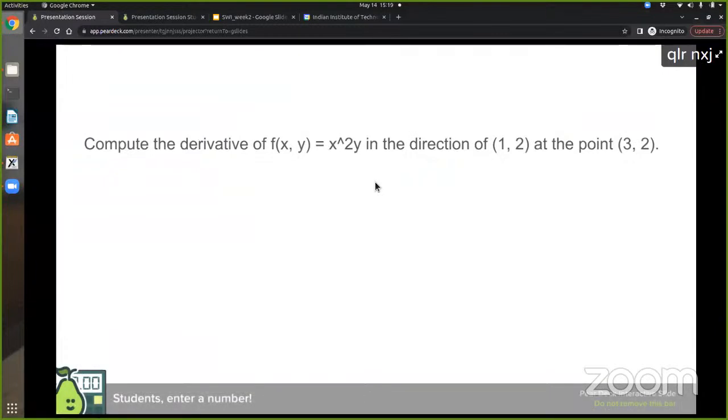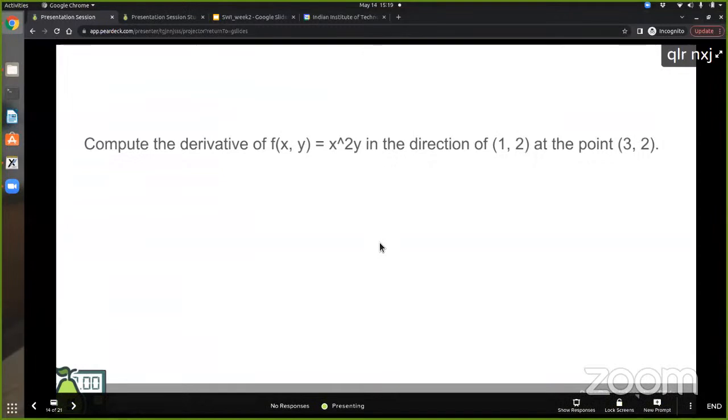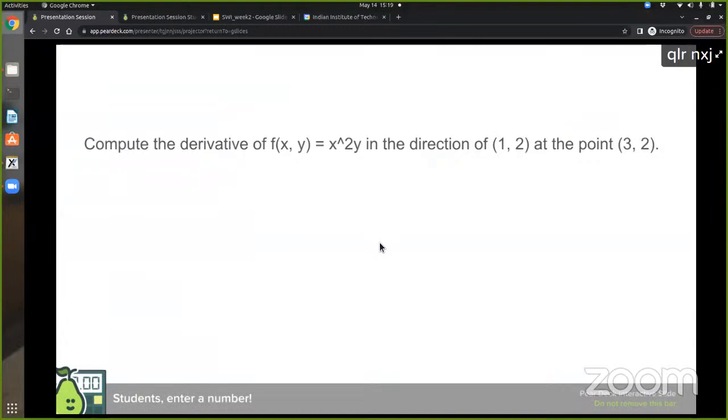Okay, what about this question? Compute the derivative of this function in the direction of this vector at the point 3 comma 2. Would you do it? Find the unit vector, yeah. This is a question for directional derivative.